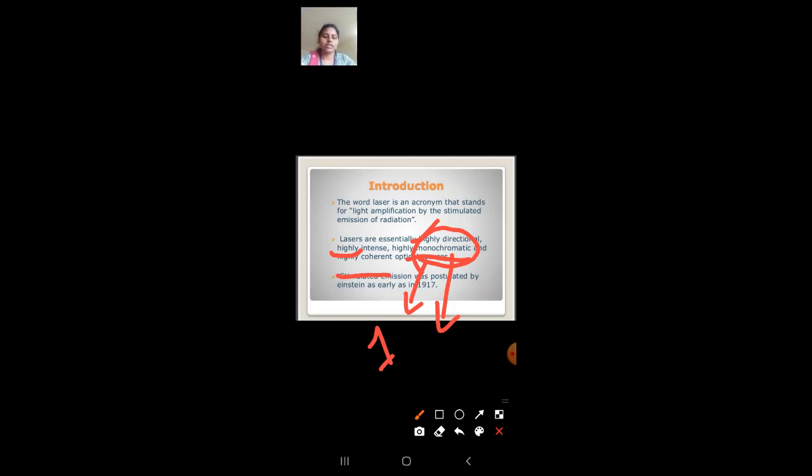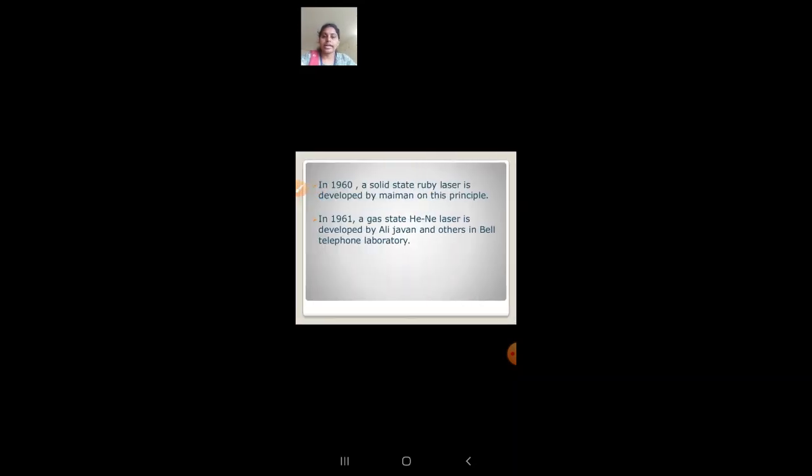Then the third point: stimulated emission was postulated by Einstein as early as 1917. Then in 1960, a solid state ruby laser was developed by Maiman on this principle.